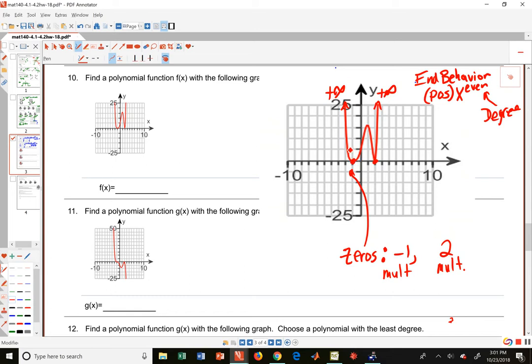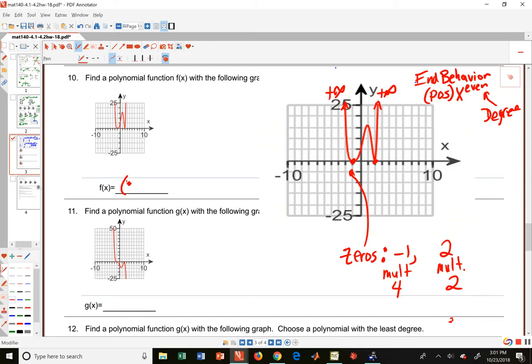Higher degree multiplicities have a flatter bottom, and smaller multiplicities are more steep. Their bounce is more curved. So since the -1 is flatter than the other, I'm going to go with the multiplicity 4 on it. And at the +2, I'm going to go with a multiplicity of 2. They definitely both have even multiplicity.